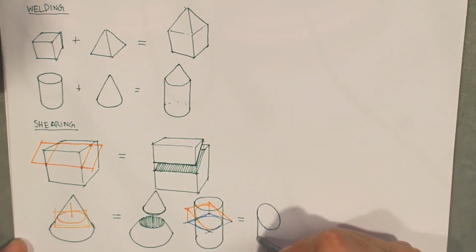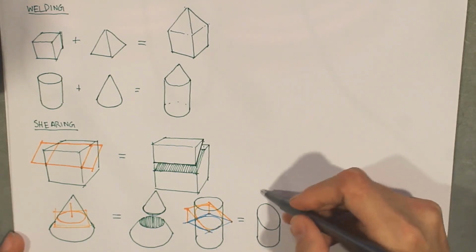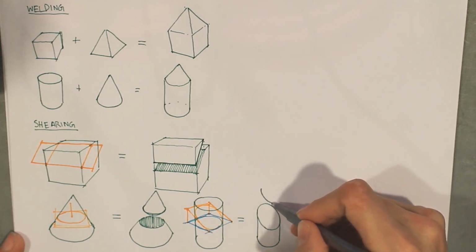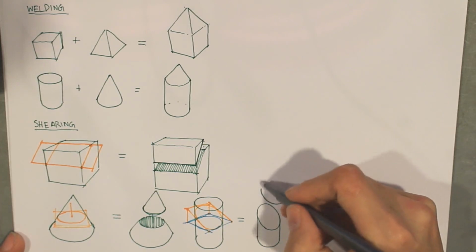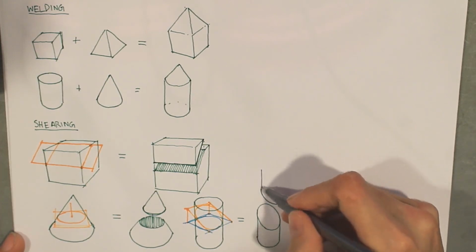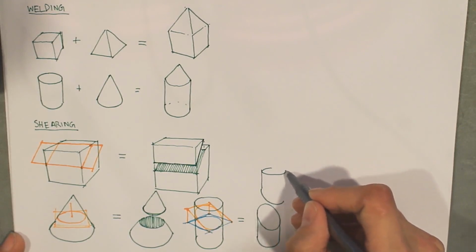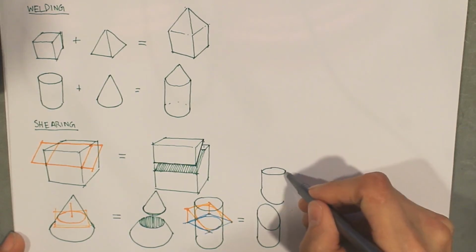Get that ellipse on an angle. Now, the bottom of this cylinder is going to have that same angled ellipse. And then the top is going to be an ellipse with a vertical minor axis.